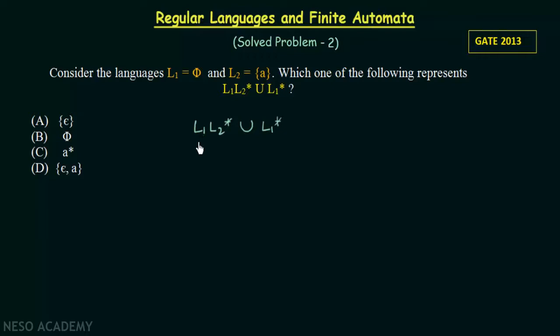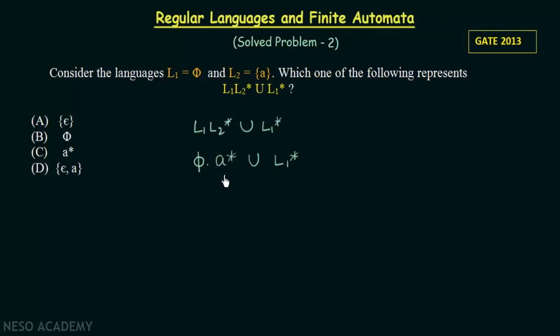Here we have L1 into L2 star. L1 is phi, so let me replace L1 with phi, and L2 is A, so we have A star. Then union L1 star, which I'll keep as it is for now, because we will do this later. First let us figure out what phi into A star is.